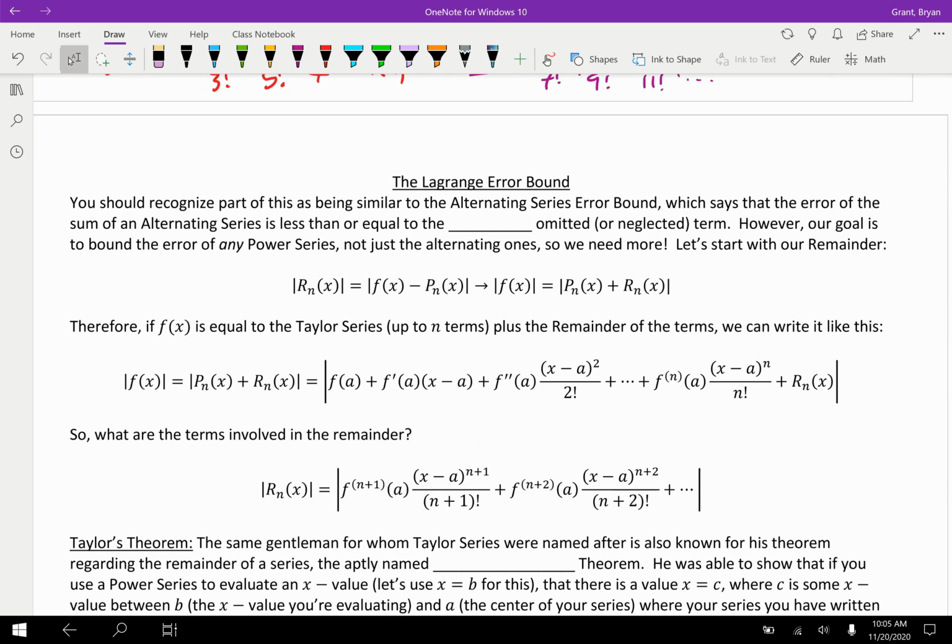Now I mentioned before that this is very similar to the other error bound that we learned this semester, and that other error bound is known as the alternating series error bound.